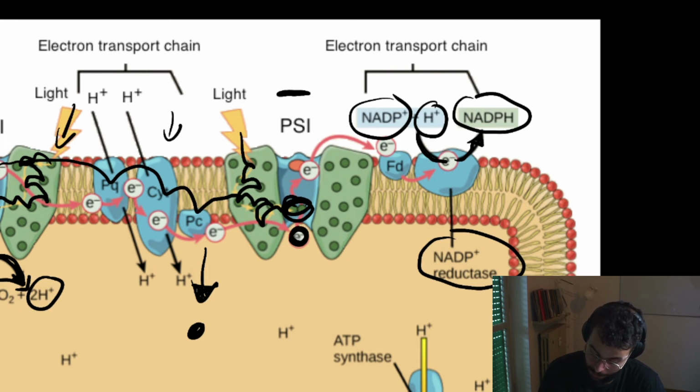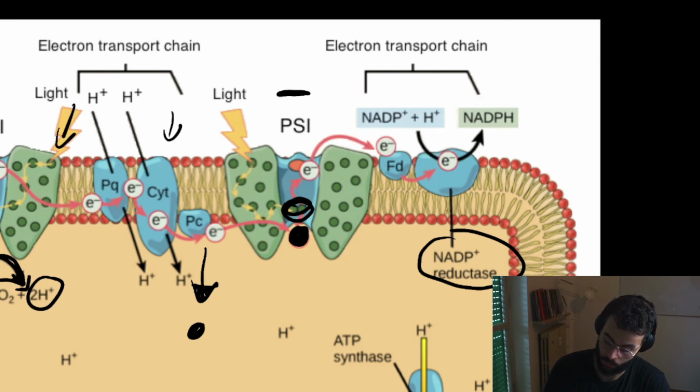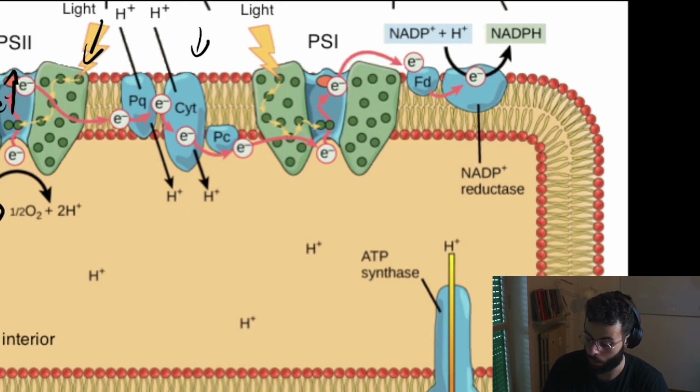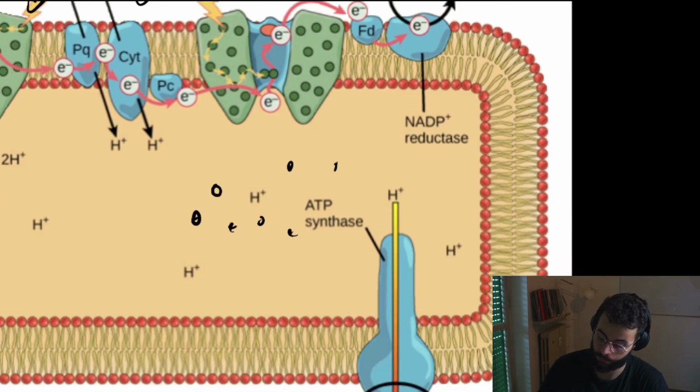We have the same electron from the first one going to the active state, and this time we are going to reduce NADP+. While we are doing it, as you can see, we are pumping a lot of protons against the concentration gradient, similar to the mitochondria, and we reach a very rich lumen with protons.